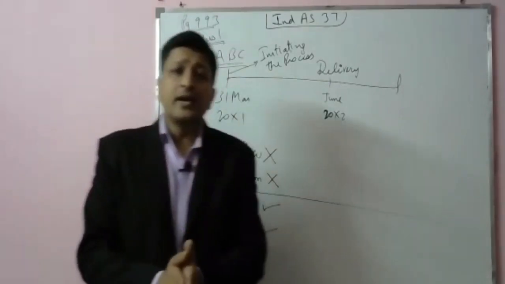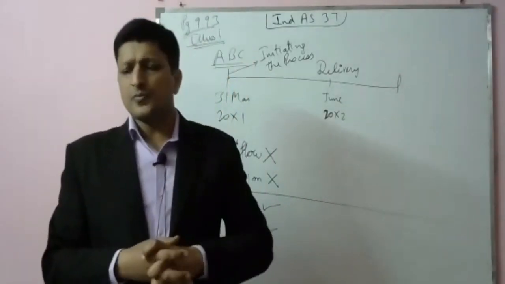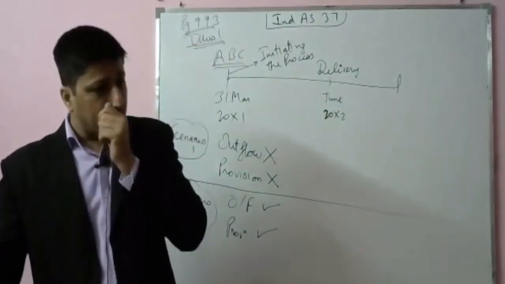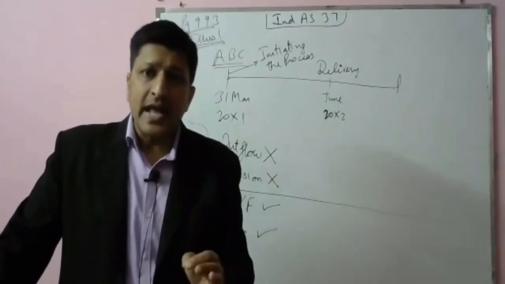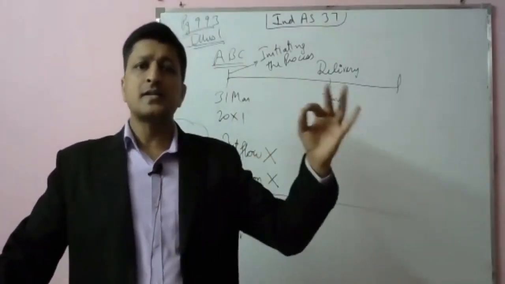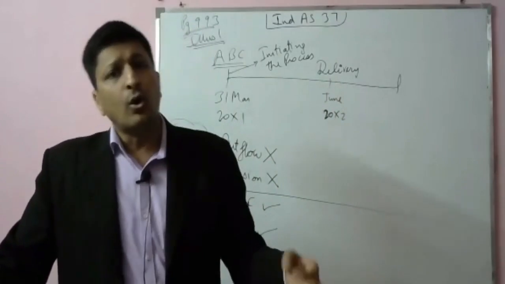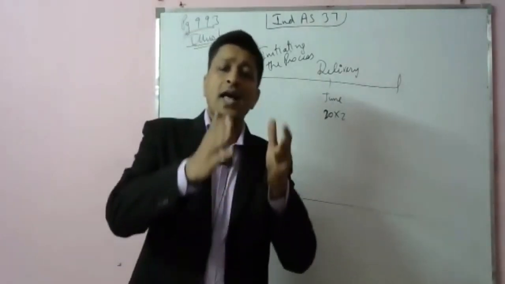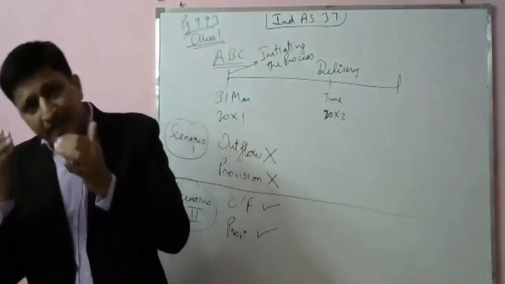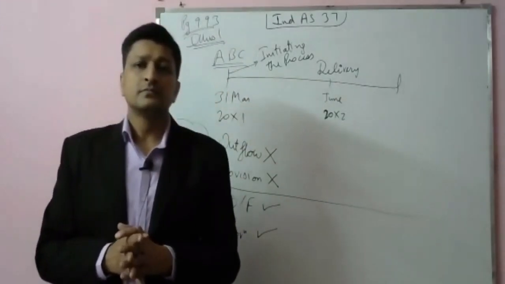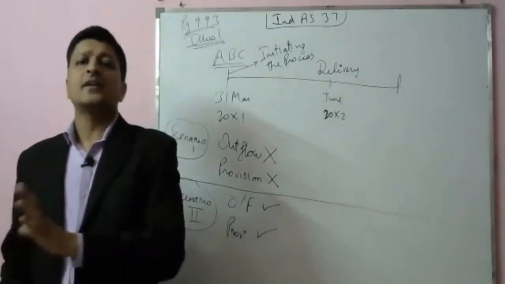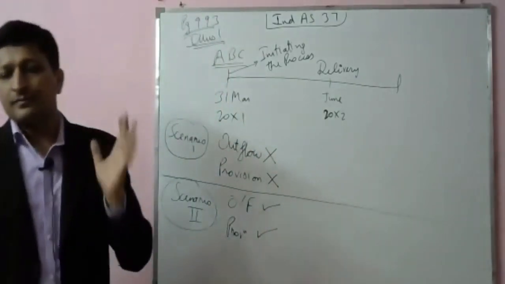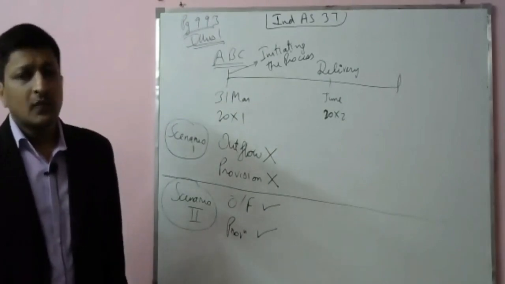The moment we say there is a liability, but this liability has either uncertain timing or uncertain amount or uncertain timing as well as uncertain amount, in such a scenario, that liability is known as provision. Clear?